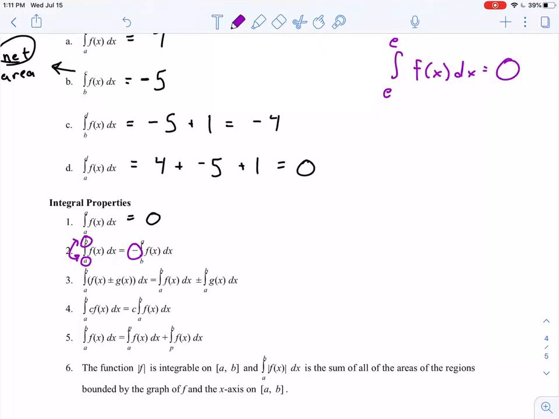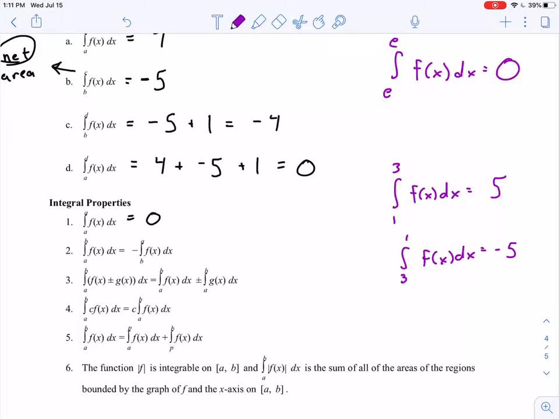It still has the same numerical value, it's just the opposite sign. So if I said the definite integral from 1 to 3 of f of x dx was, I don't know, how about we say that's 5, then integrating from 3 to 1 of f of x dx is equal to -5 in that case.